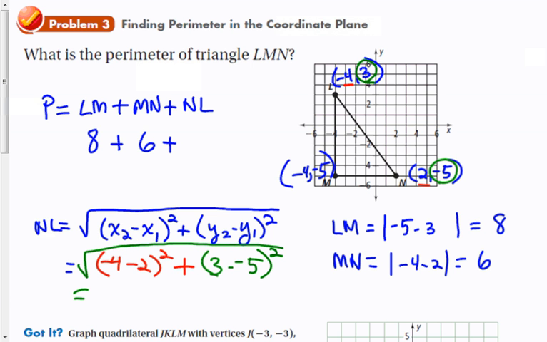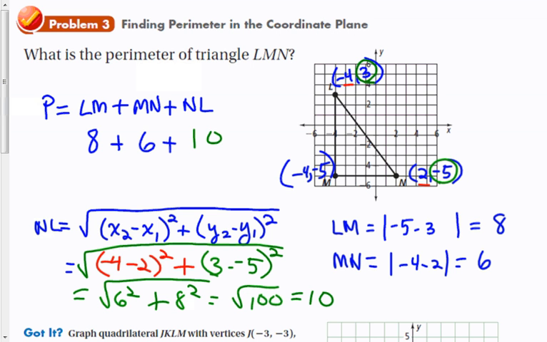And that's equal to 6 squared plus 8 squared, which is equal to 100. Square root of 100 is 10. So there's my 10, and now I'm going to add them all up, and I get perimeter equals 24. All right, you try that.